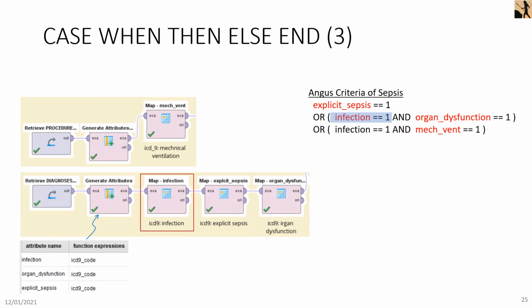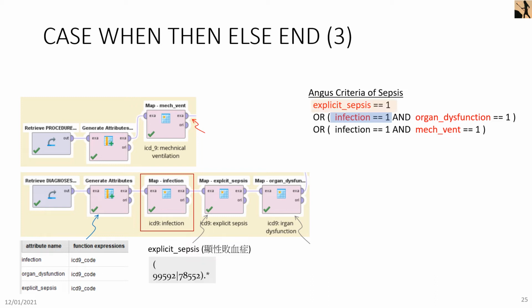So for example, we earlier generated 3 new columns, and we already dealt with this infection. Right now we can deal with the organ dysfunctions or the explicit sepsis. And of course on the top we probably have to deal with a different table, so let's show that later.